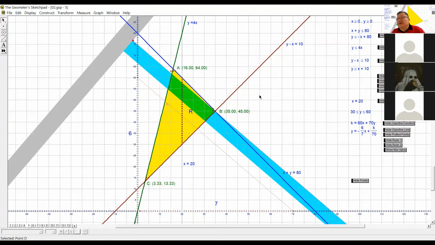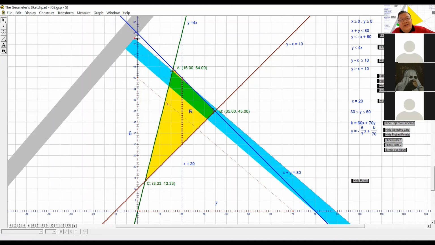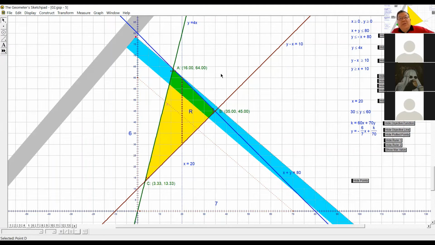But this is not the maximum, right? So I push the line further, and the maximum point is A. When I take in 16 management students and 64 finance students, I will get the maximum fees collected. So you memorize this maximum point here.